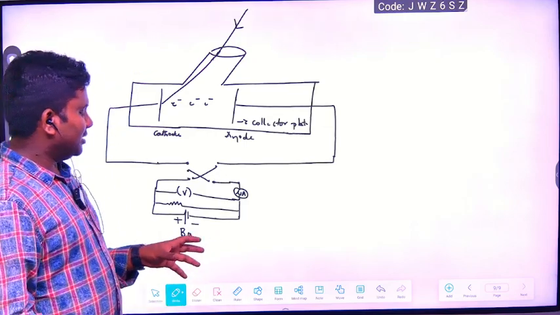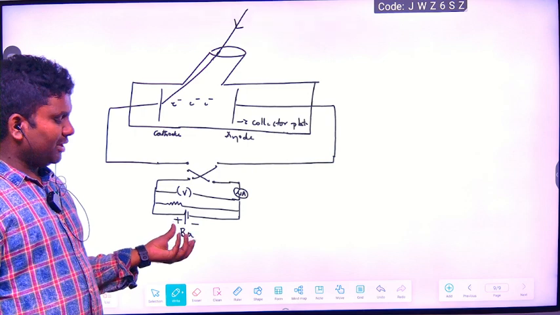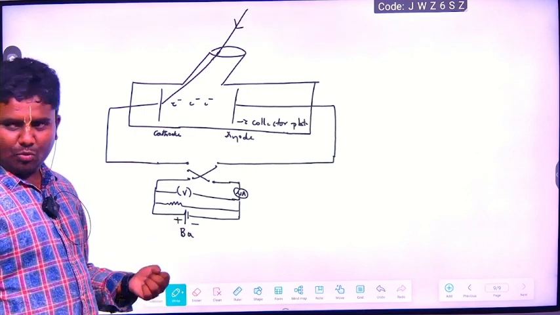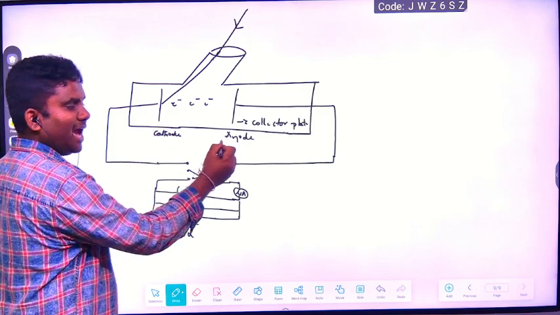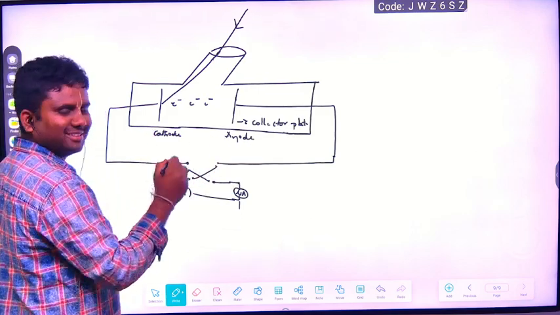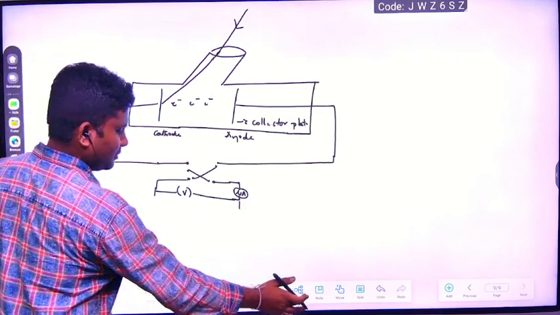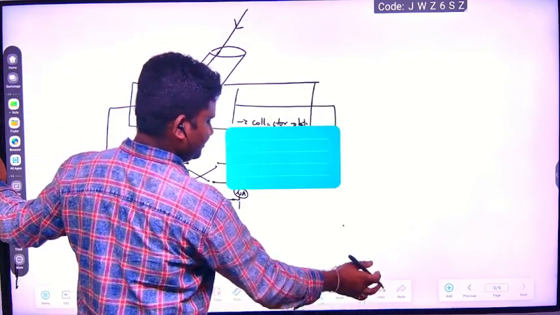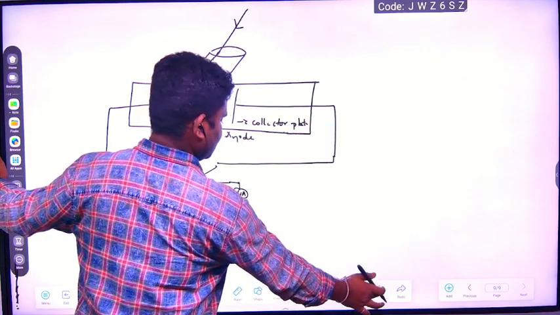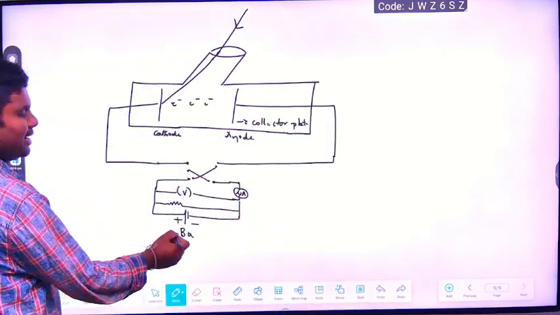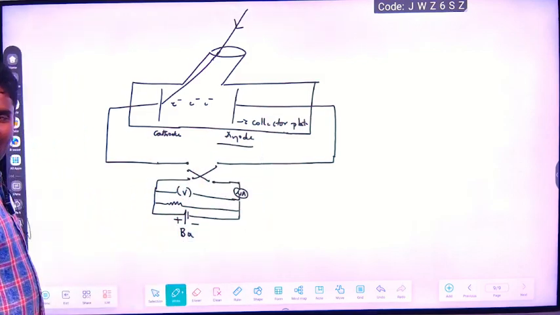Now what happens? This battery will give a potential difference, or voltage. It will give positive voltage to the anode and negative voltage to the cathode. Understood? Why positive potential? I explained last class.